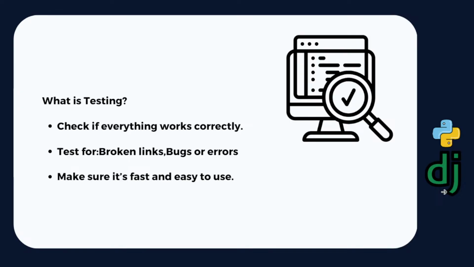Okay, this is the process. In this process we check that everything works correctly and test for broken links, bugs and errors. Make sure it is fast and easy to use. Sometimes the website gets slow, so we need to rectify that also.